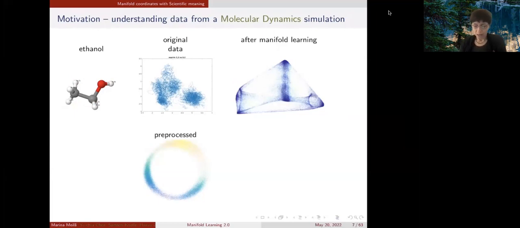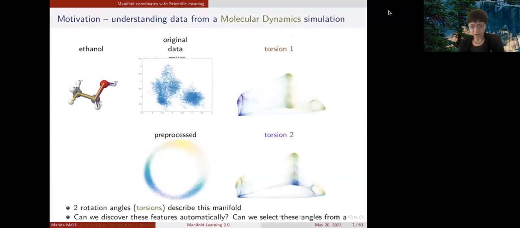If we are a scientist, a chemist will already know this, and so they will ask a graduate student to plot these torsions, the yellow torsion and the purple torsion that's less visible here, on the embedding of the data, and that will confirm the hypothesis that the yellow torsion is responsible for this generator and the purple for this other generator.